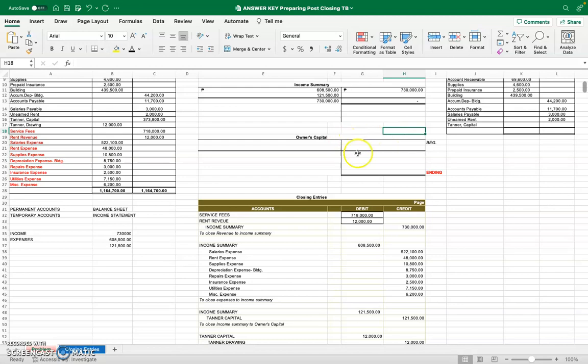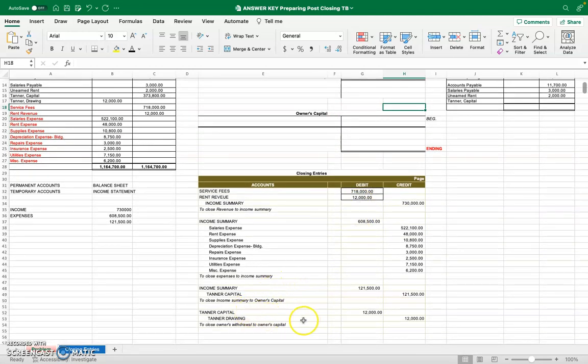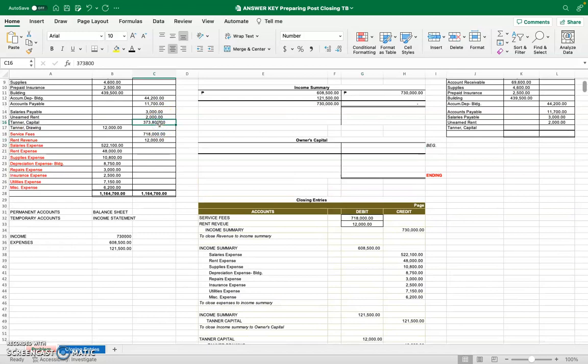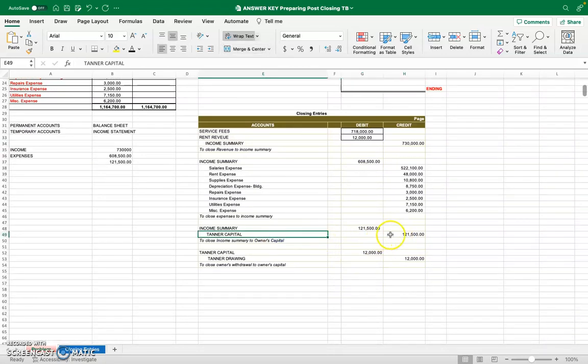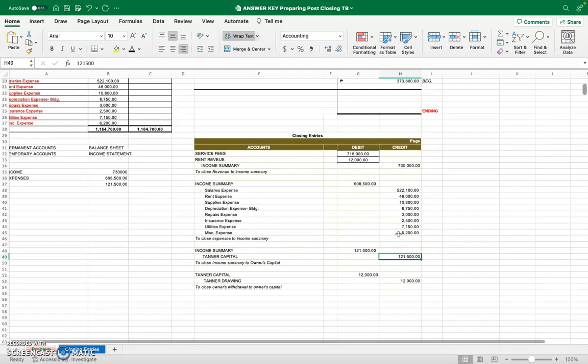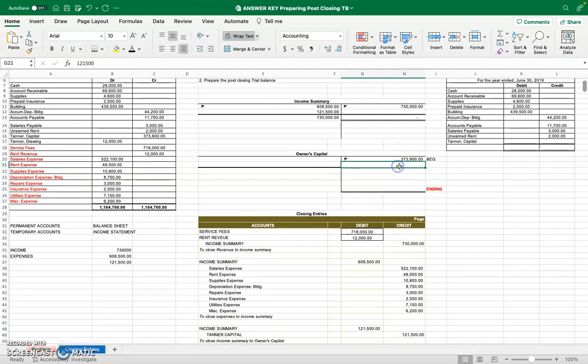Now, moving forward, on the last two steps, we will get to know the beginning balance, and the beginning balance will be coming from the adjusted trial balance. That's the 378,300. And after which, we will be adding, since we got a net income, and if you will notice, Tanner capital is located on the credit side, so we'll move the 121,500 on the credit side of the owner's capital T account.